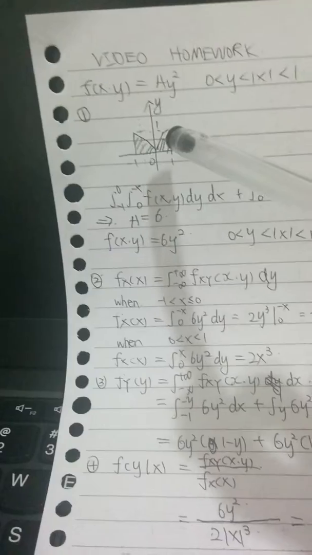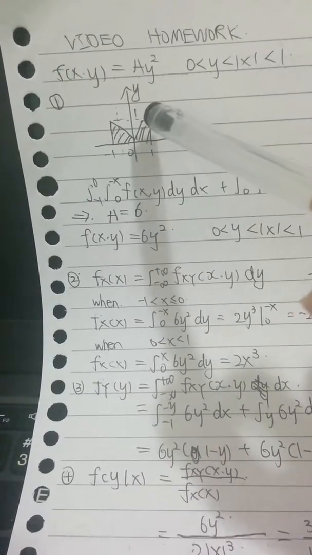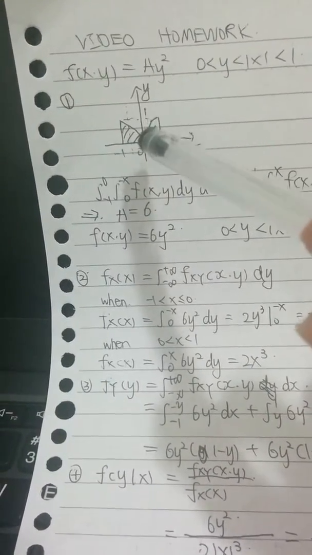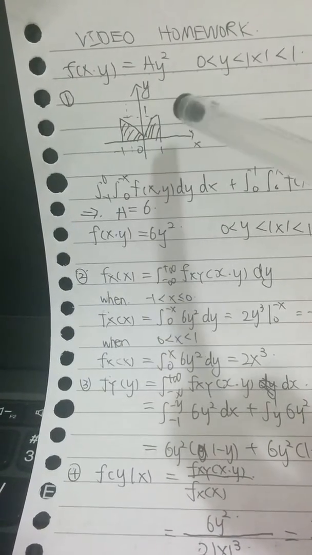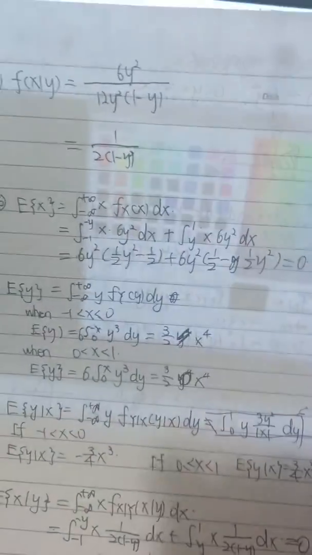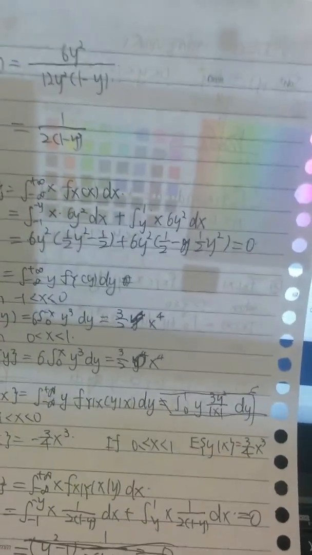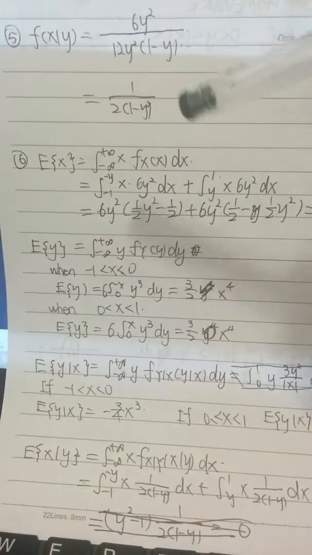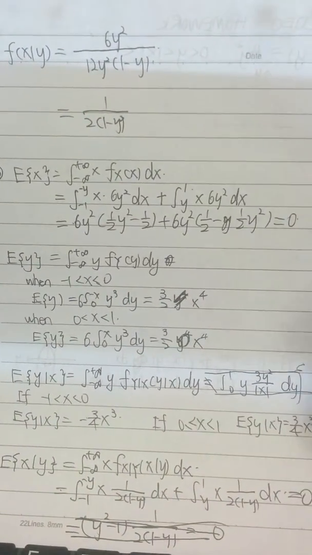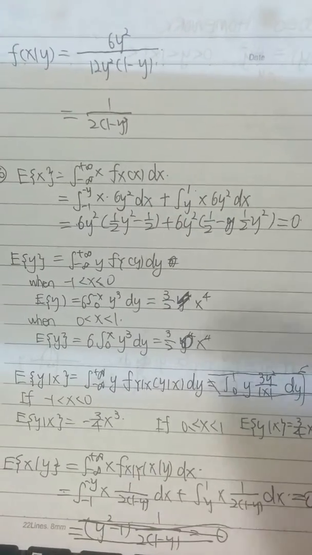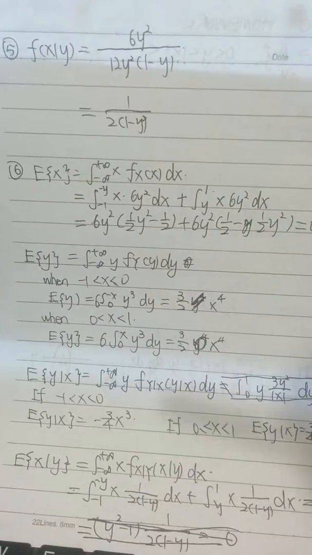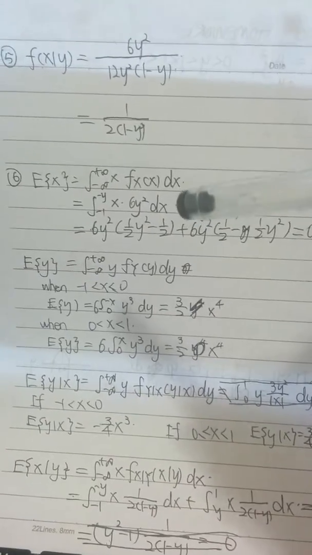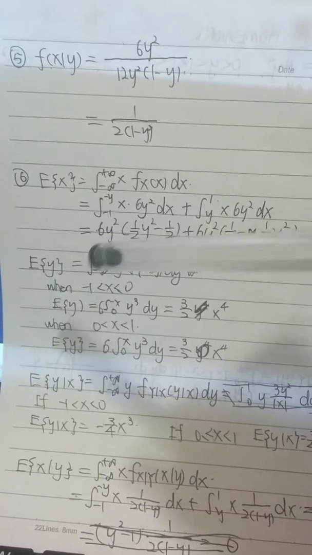And in the second area, the left point is x, and the right point is 1. So I am able to calculate the whole integral by using two separate integrals. Using a similar idea and way, I can calculate the mean of y.